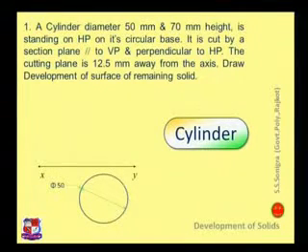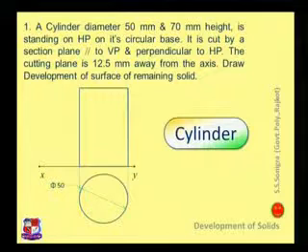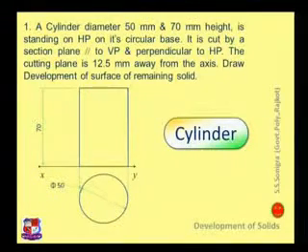Draw a circle of given dimension, that is diameter 50 mm. Draw projections from its top view. This is a front view of given cylinder. Height is given, that is 70 mm. This was just simple.